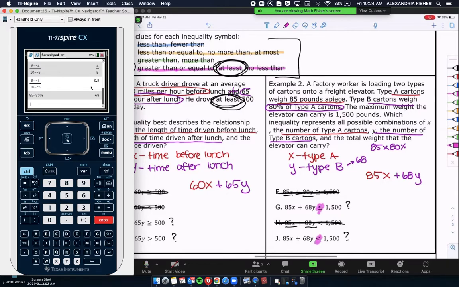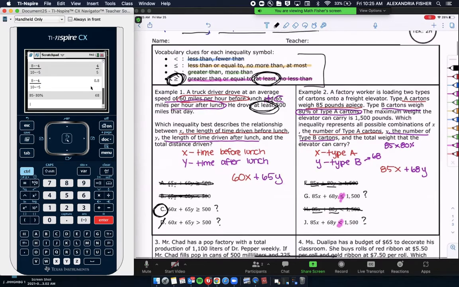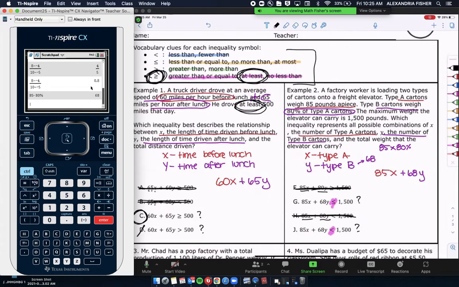Okay, so let's see if we can find any of these important words in this question. The maximum weight the elevator can carry is 1,500 pounds. Which inequality represents all possible combinations? So it says maximum. The maximum weight the elevator can carry is 1,500.